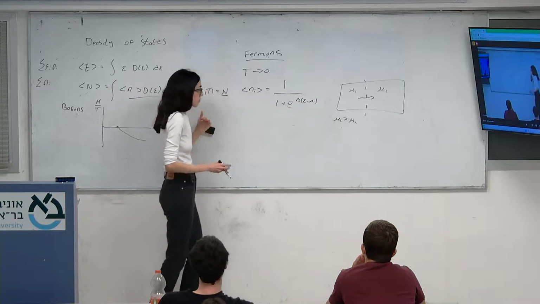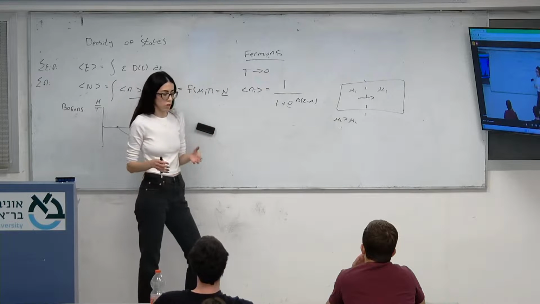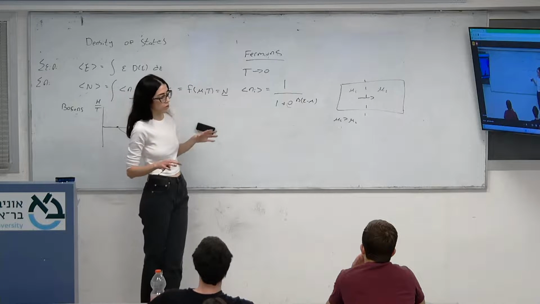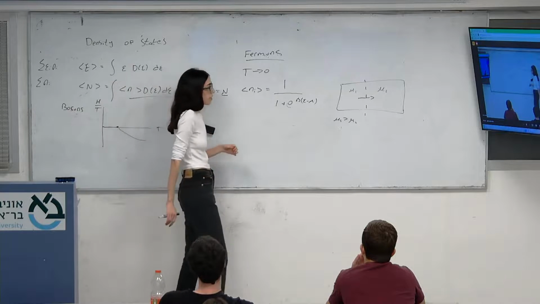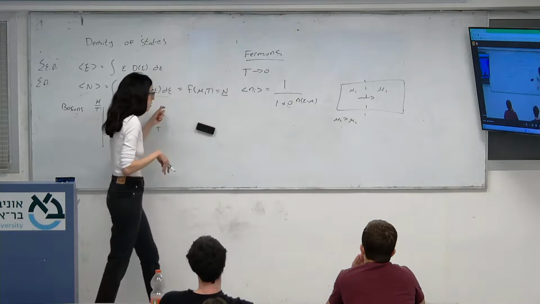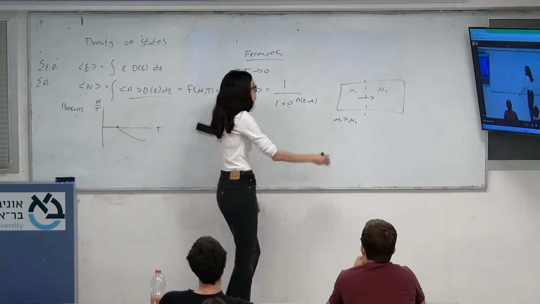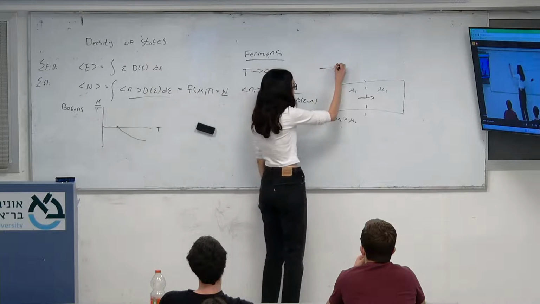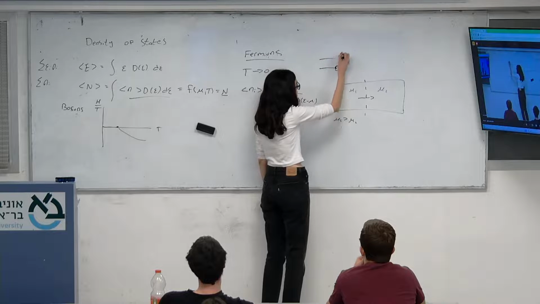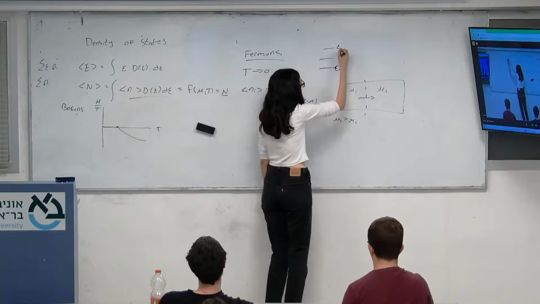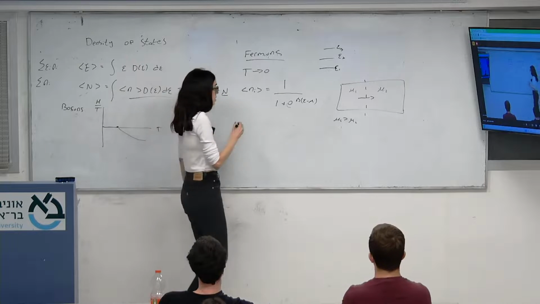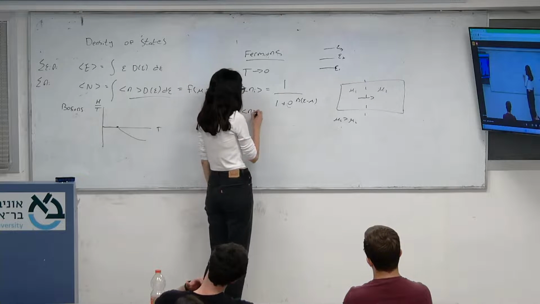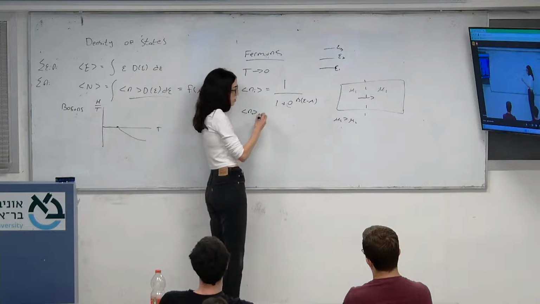So all of the fermions are going to go into the lowest available energy level, but they cannot all go to the same energy level like the bosons. So this is epsilon 1, epsilon 2, and epsilon 3. They're just going to occupy one at a time, so we expect the average number of particles for each energy level to be 1.